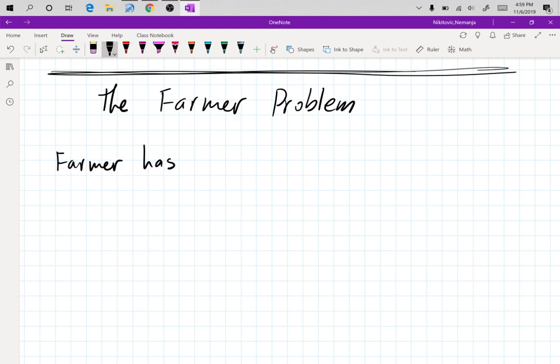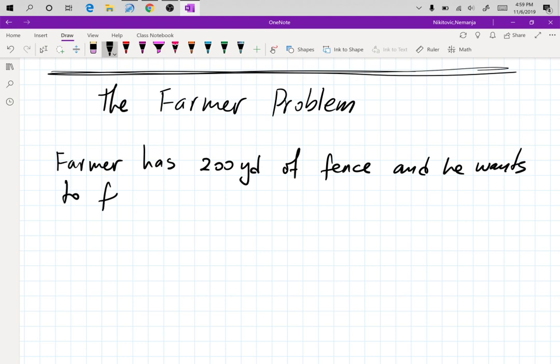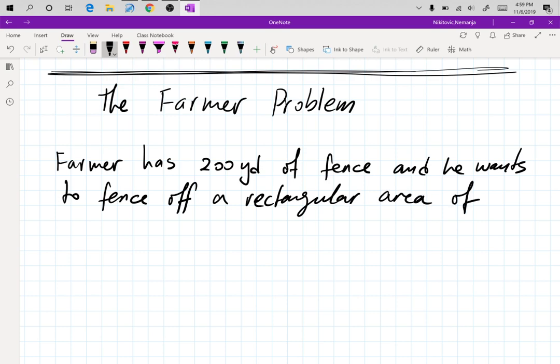Farmer has 200 yards of fence and he wants to fence off a rectangular area of maximum size.